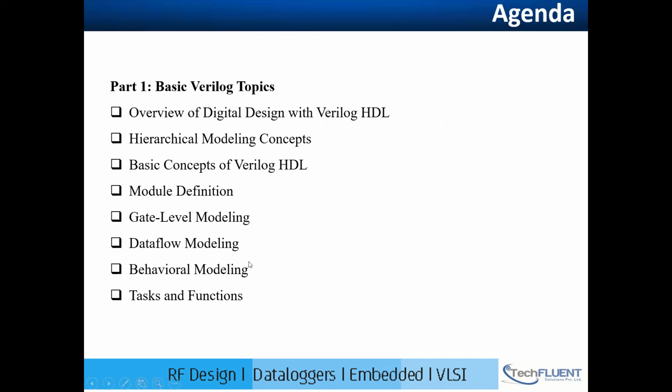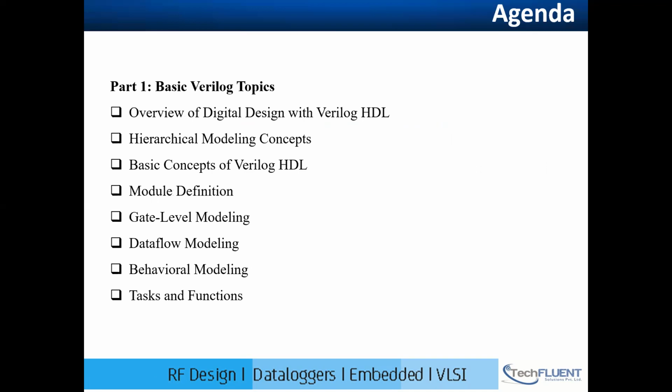Now let us see what the basic contents are that are present in the different parts. Coming to part 1, the first chapter will be the overview of digital design with Verilog HDL.